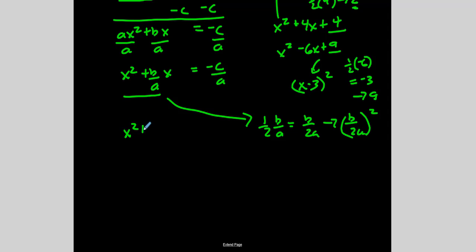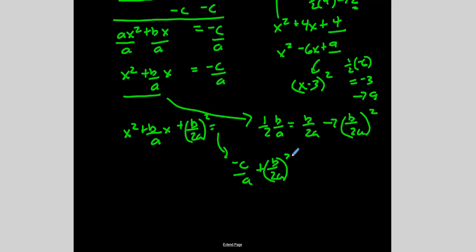So we have x squared plus b over a x plus b over 2a quantity squared equals, I'm going to have to bring this down here, I'm out of room, negative c over a plus b over 2a quantity squared. Because what I do to one side, I have to do to the other side.